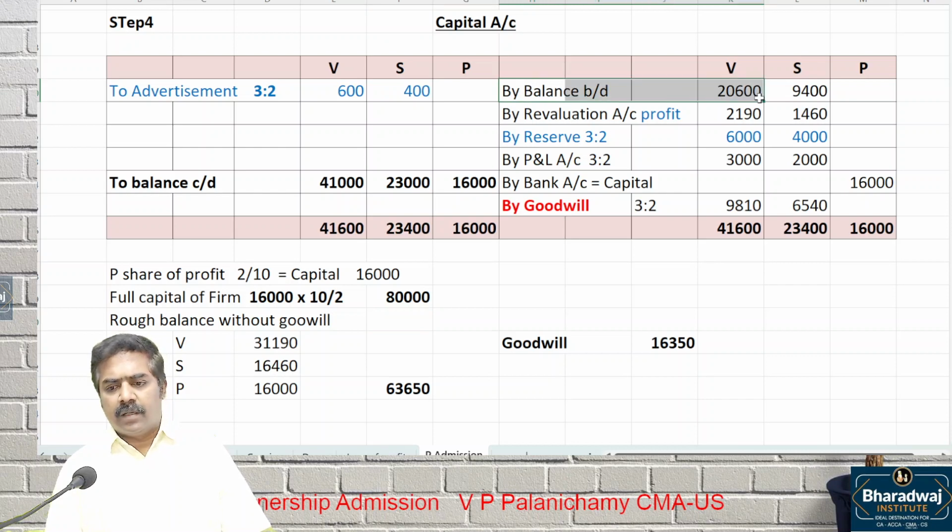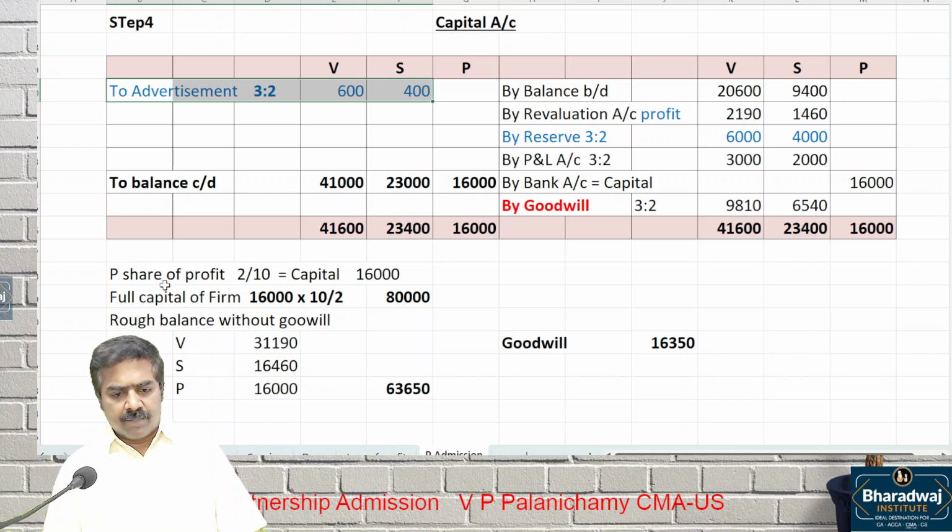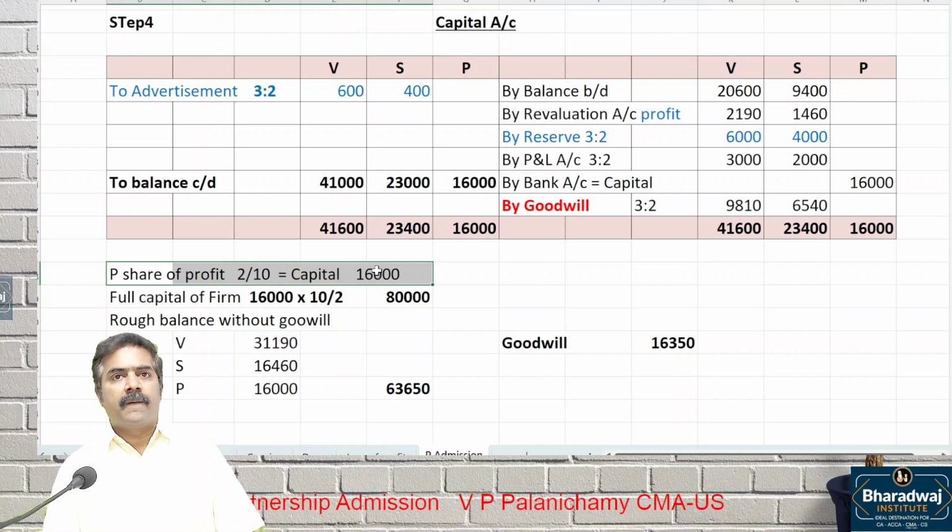I repeat: by balance brought down, by revaluation profit, reserve is transferred in 3:2 ratio, P&L account 3:2 ratio, capital brought in by the new partner, advertisement suspense written off. 2 by 10th if it is 16,000, full capital would have been how much? 80,000.